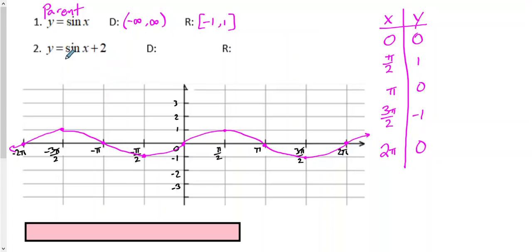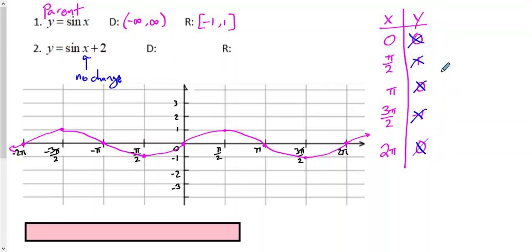So what happens is our x's don't actually change. There is no change being made to the x. The only thing that's happening is once we take the sine of that x, we have to add 2 to the result. So no longer are we looking at the same y values.